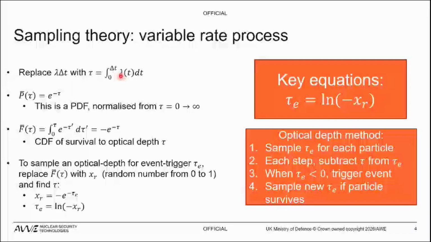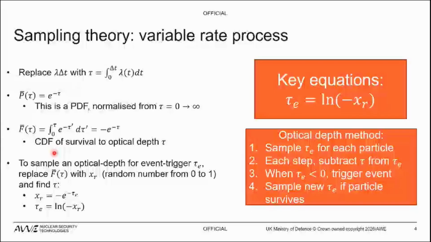When an electron is in a background medium, there's a high rate. When it's in a vacuum, there's no rate. So we need to do the time integral of that rate to figure out how far through our emission process we are. We can convert it into a probability density function, and we can invert it to what we call a cumulative density function, I think that's what CDF stands for.